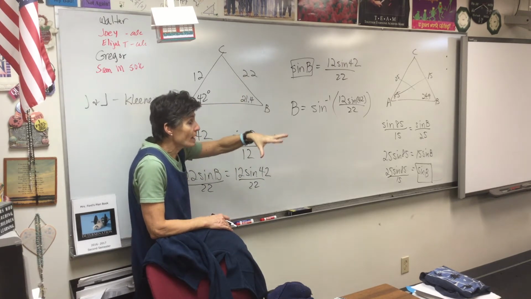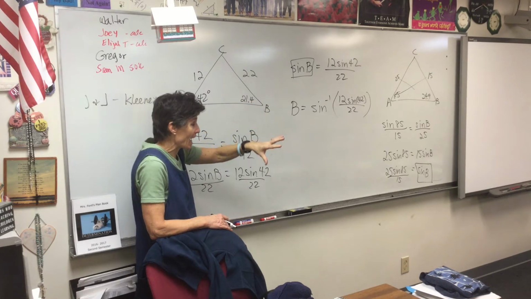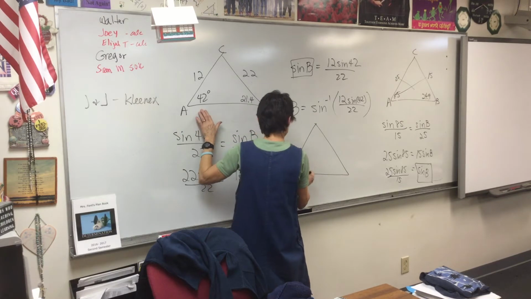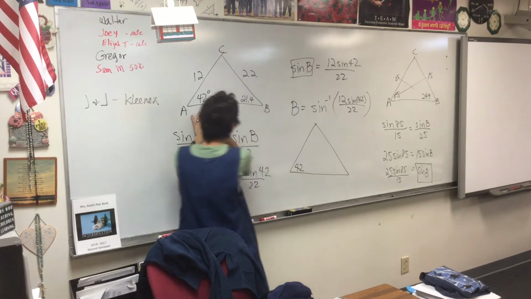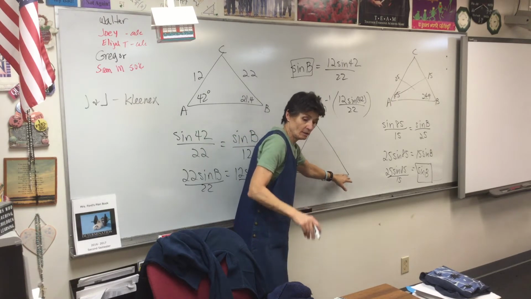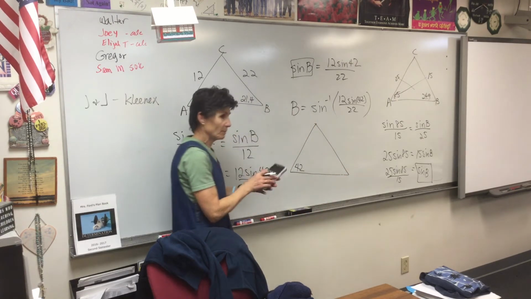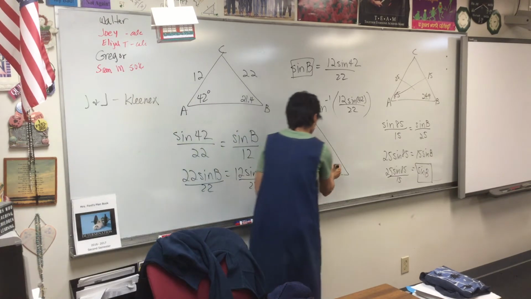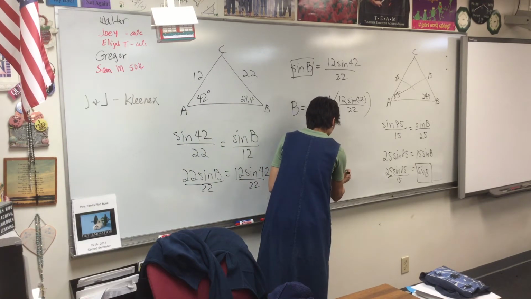As soon as you find that, imagine a second triangle with the same 42, but now a different angle that is the supplement of that one. So a supplement means they add up to 180.